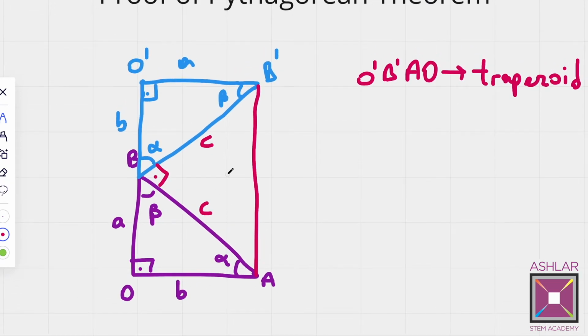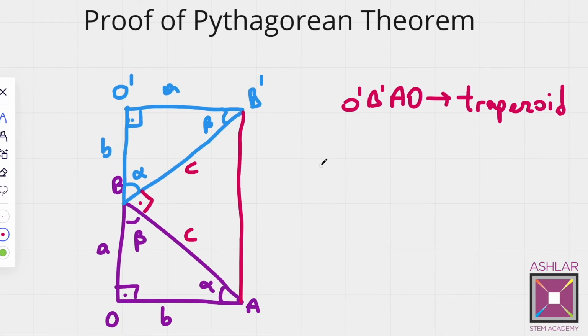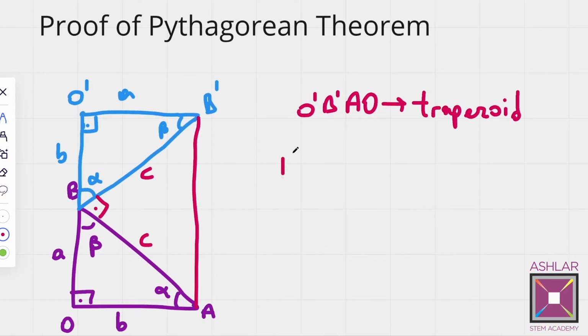Okay, so now here comes the proof. So let's calculate the area of this trapezoid. So it's actually simple. So the area calculation from the equation of the area of a trapezoid.